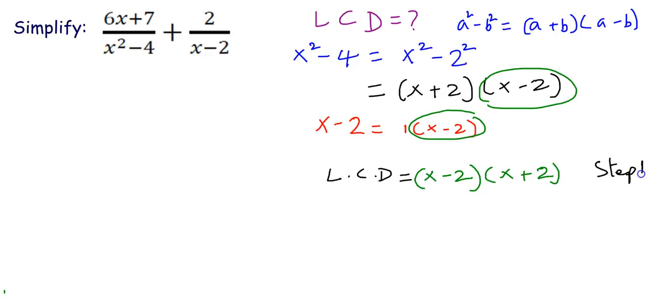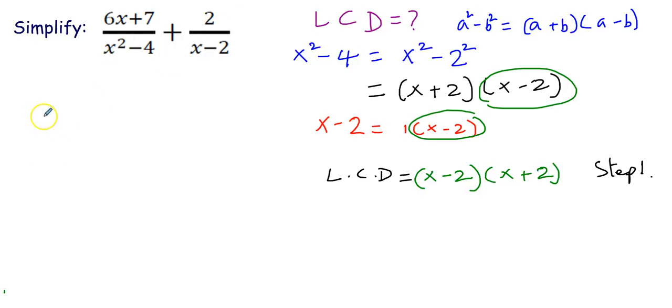Once you are done with this step 1, in the second step, we have to write the first and the second rational expressions with the same denominator. That is, now the least common denominator is going to be the denominator for both the rational expressions. Let me show it to you.